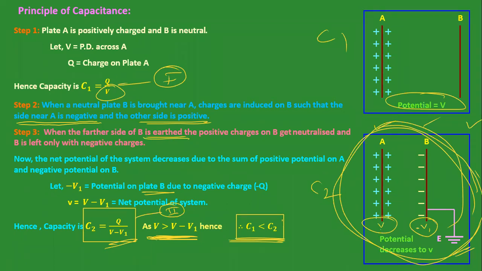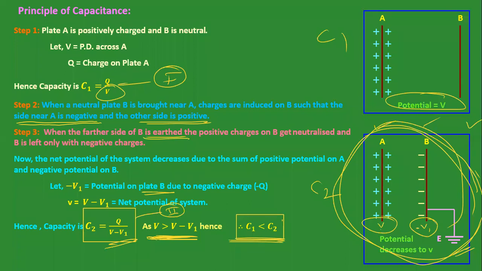And it is nothing but the capacitor. A capacitor, or condenser, is basically an arrangement of conductors in such a way that the capacity increases. It stores a large charge, but the potential must be less.